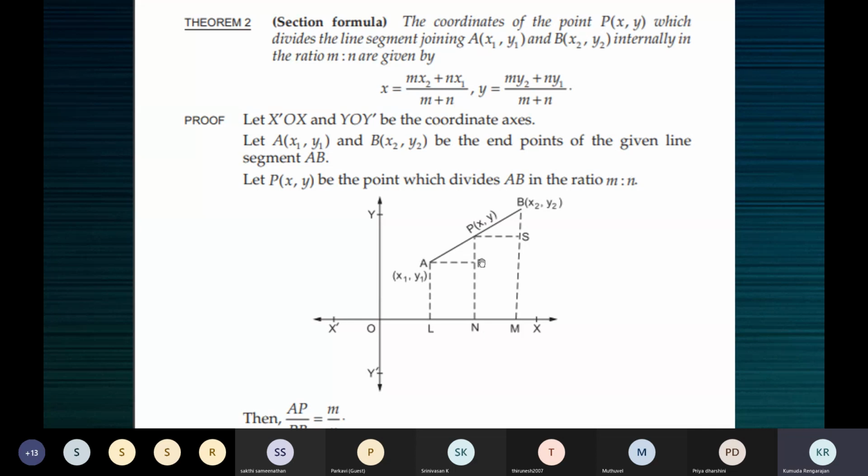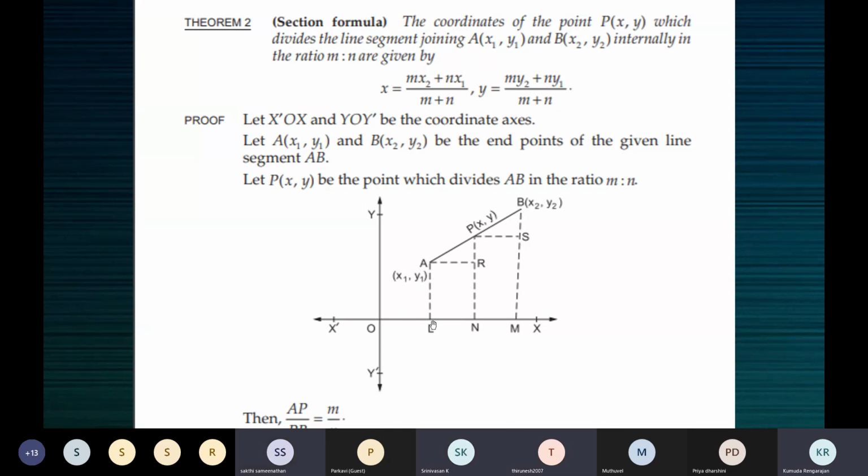Here we have P given by X comma Y. This is the x coordinate of P, which will be marked here. Yesterday we understood, while deriving the distance formula, if this is x, it's marked x here. So that means ON is x units. And what about OL?